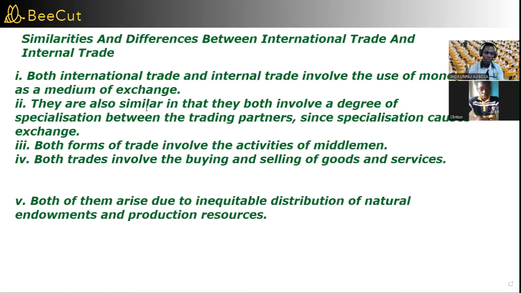That is, a particular country is specialized in this, and that's why it's producing it and exporting it to another country. So number one, they use money as means of exchange. Number two, they are similar in specialization. And number three, both forms of trade involve activities of middlemen.